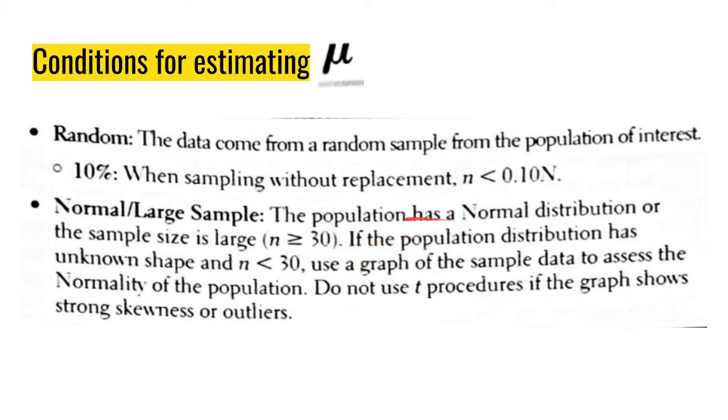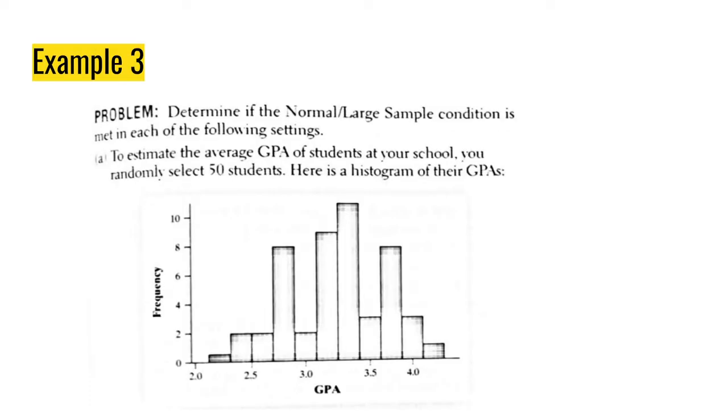So there are two ways. Number one is the original population is a normal distribution, also saying it doesn't have a strong skewness or a very significant outlier, or the sample size is greater than 30. Right now we're going to see 3 examples and see what I mean.